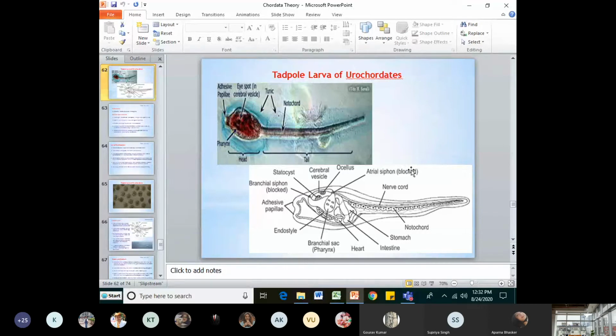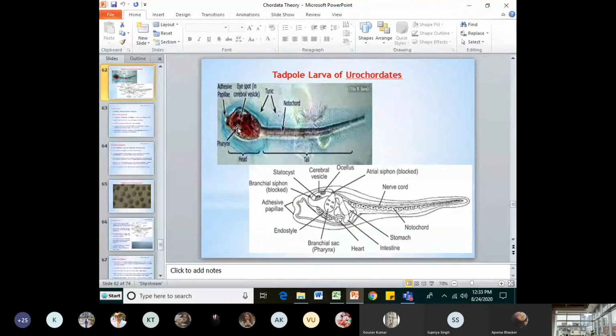The tadpole larva looks like the tadpole of frogs, so that is why it got this name. And you see there is a head-like structure, then a tail-like structure, so it is also like a sperm.